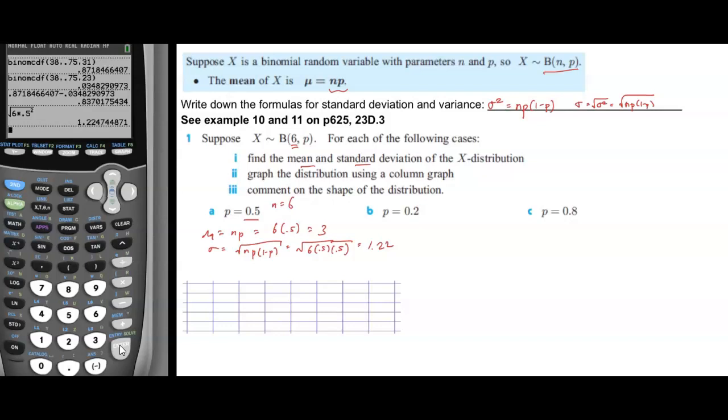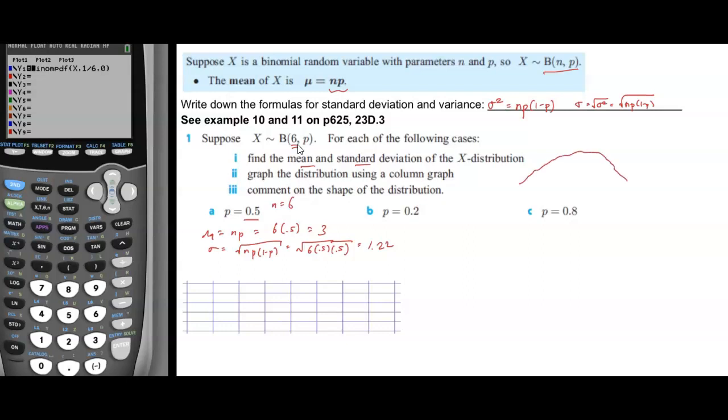Next part, graph the distribution using a column graph and then comment on the shape of the distribution. So we could use the table to generate the data for this column graph. Similar to last page, we could put a function which will generate all the probabilities for each one of the possible x values. Now, remember how we always draw pictures for our binomial distributions?